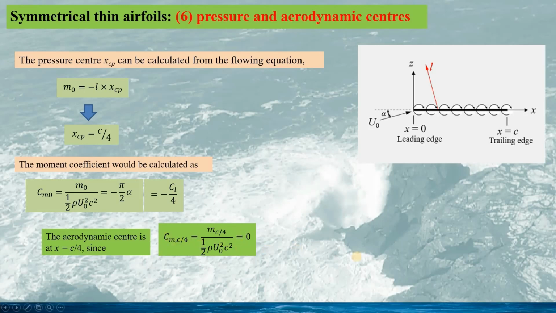Here it is 0. If we check this moment with regard to the quarter chord, this moment would be 0. If you are interested in the calculation, you can do this yourself.